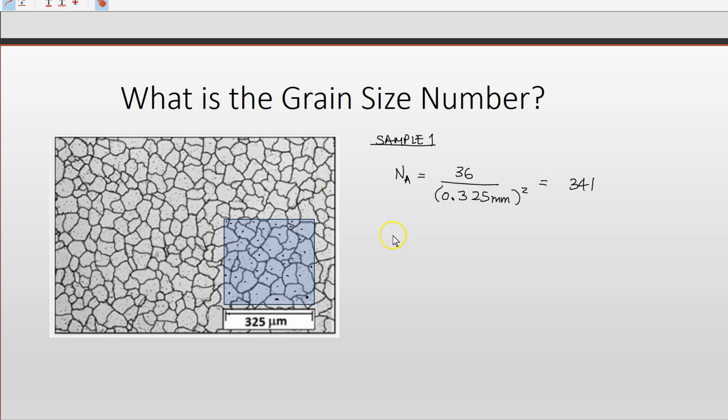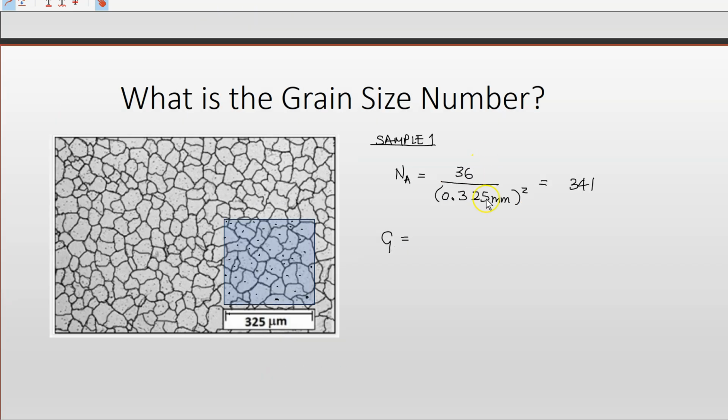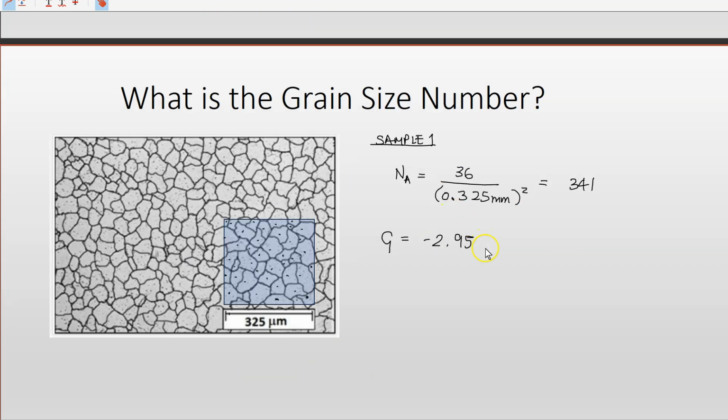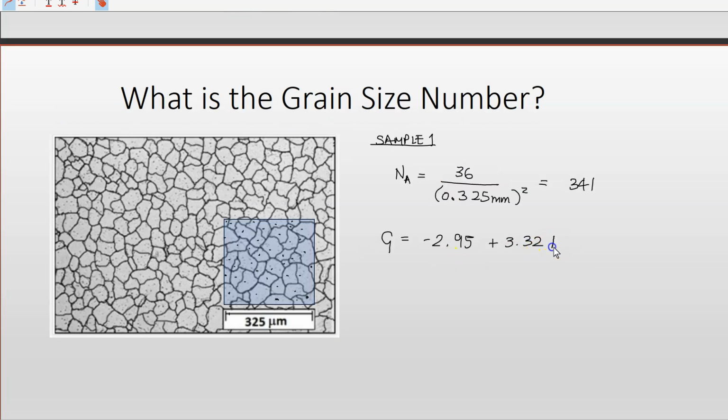Great. Let's convert this to grain size number. So this is going to be minus 2.95 plus 3.32 times log base 10 of Na. Let's calculate this out.